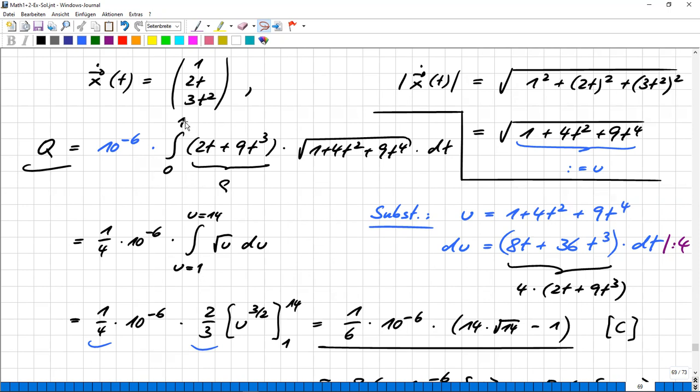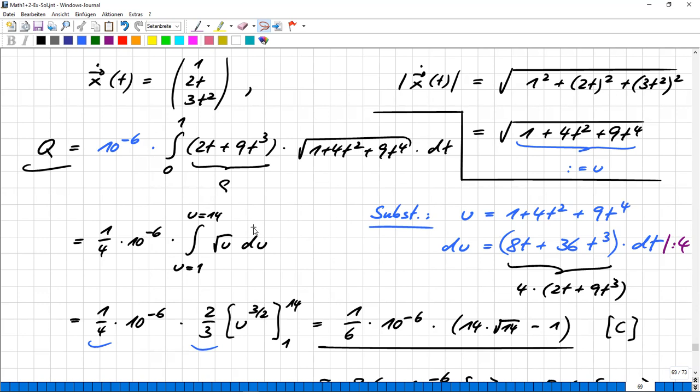Now the upper limit 1 also is a t value. Inserting here, I get u equals 1 plus 4 times 1 squared plus 9 times 1 to the power 4. And what is it? It's 1 plus 4 plus 9, which is obviously 14. That's the upper limit for u. Now, taking the primitive function, you remember this comes from here. Well, this is u to the power 1/2 in the power notation.